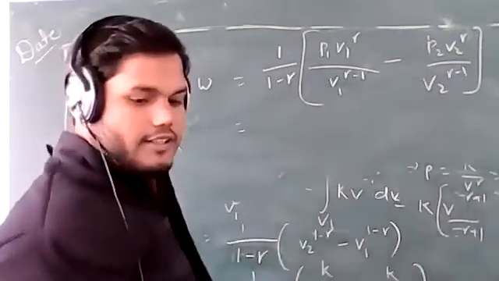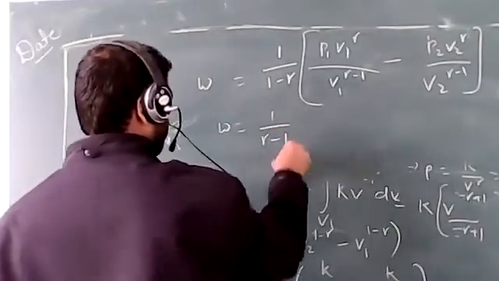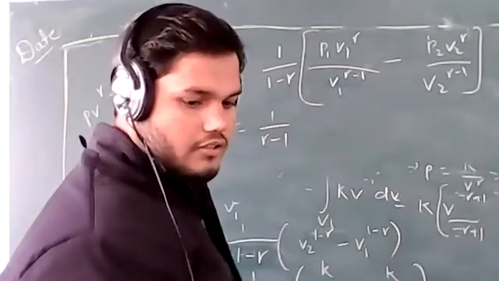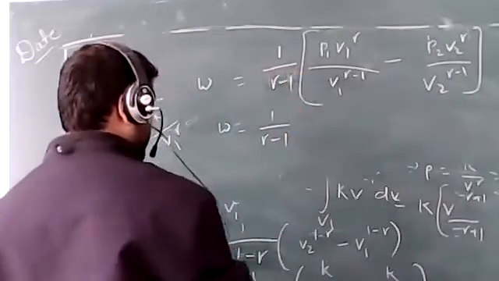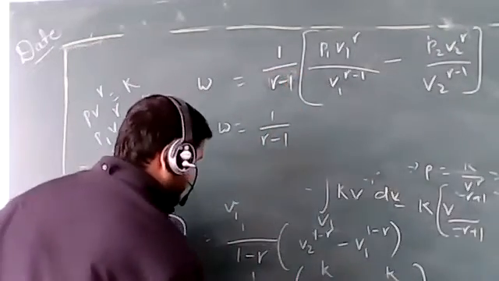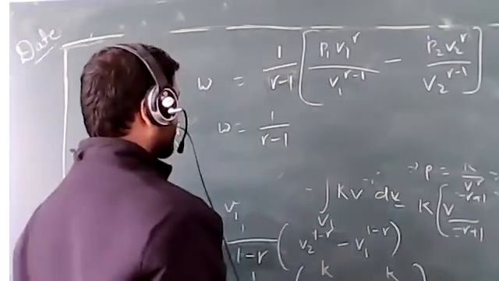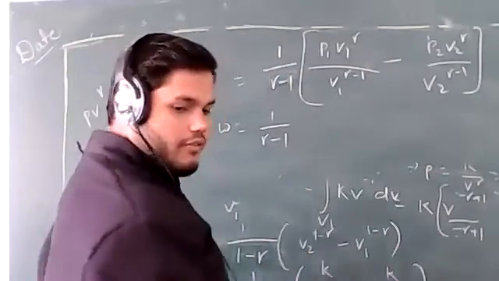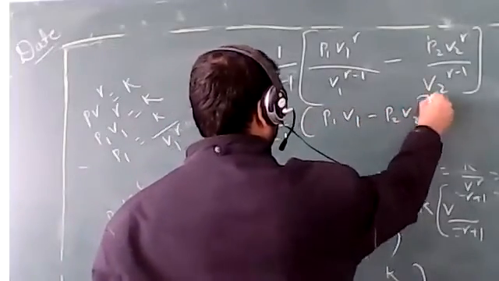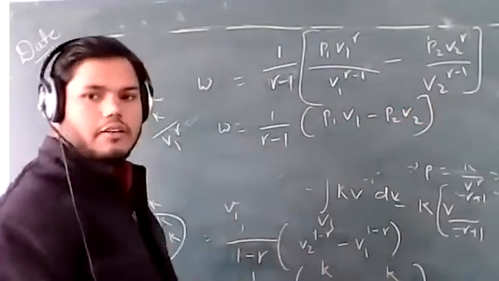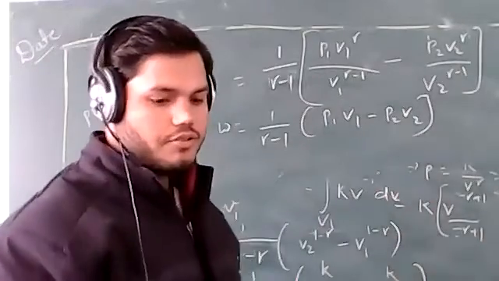So just divide these things, and we will get w equal to 1 by gamma minus 1, because we have taken the LCM, p1 v1 minus p2 v2, okay. So w equal to 1 by gamma minus 1 times p1 v1 minus p2 v2, okay.